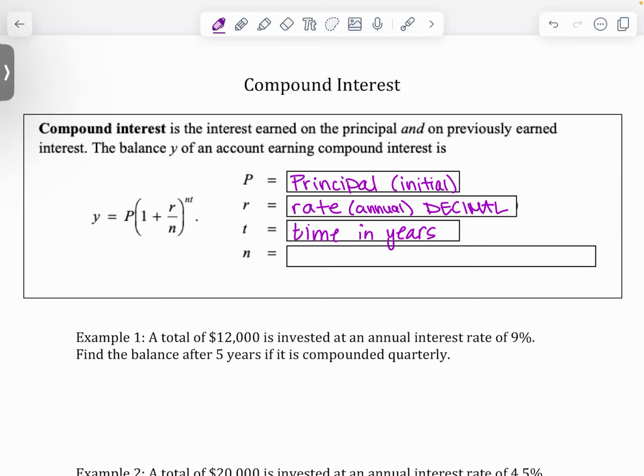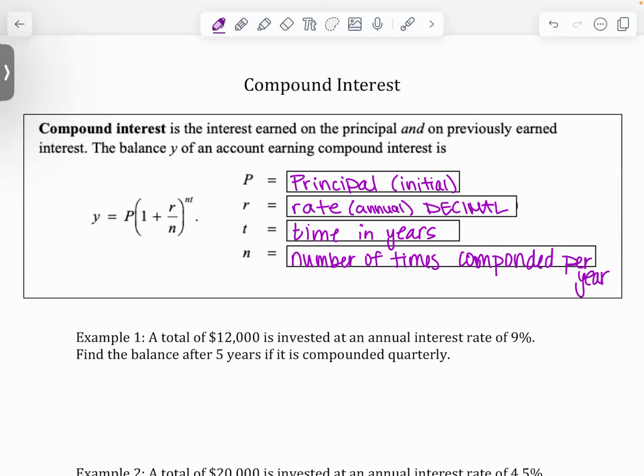None of this differs from what we had yesterday. Yesterday, if we don't have the N, this is what we had. But today we have this N. It means the number of times compounded per year.